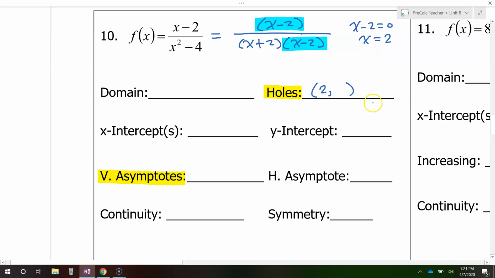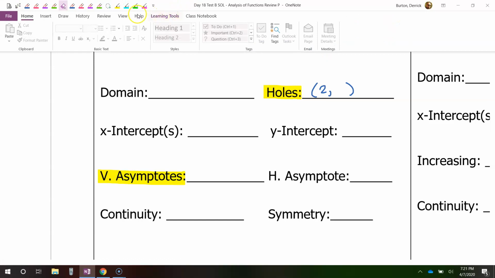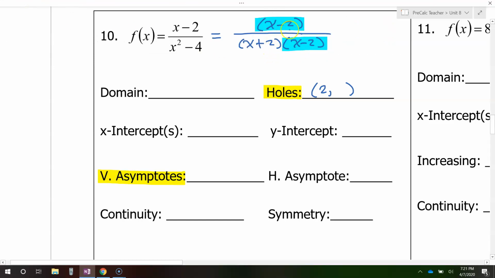But I need to know what the y value is that goes with the 2. And for that, let's go ahead and cancel out the x minus 2 factor. After we remove the hole, that's going to leave us with 1 over x plus 2.